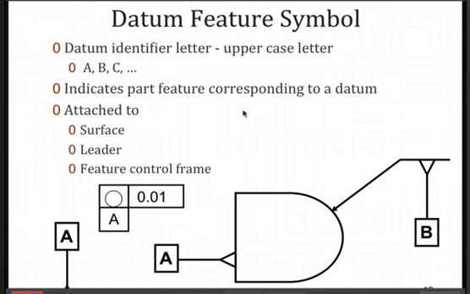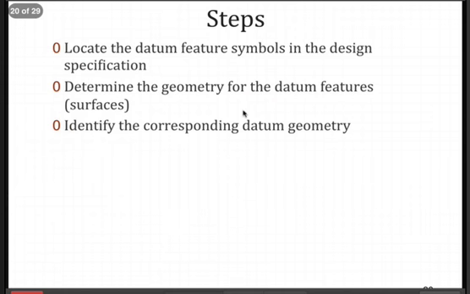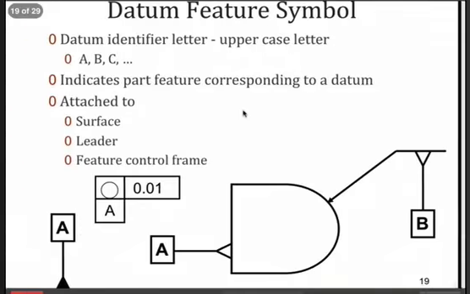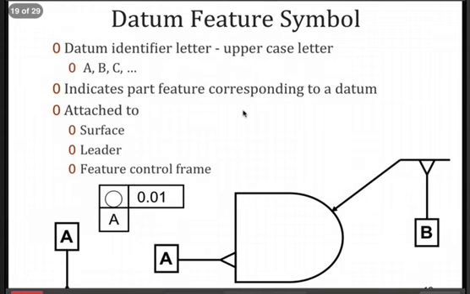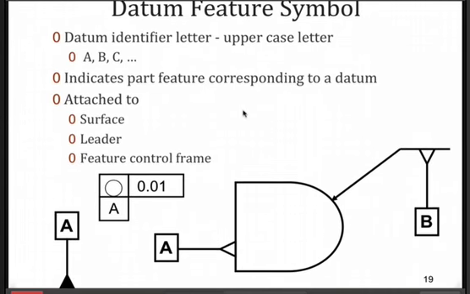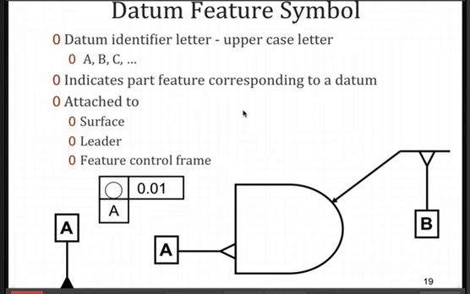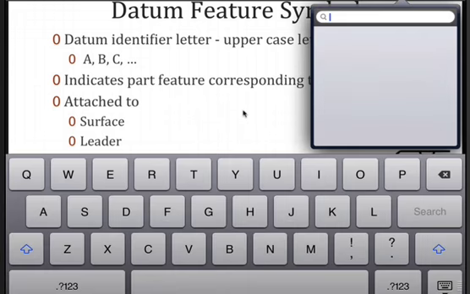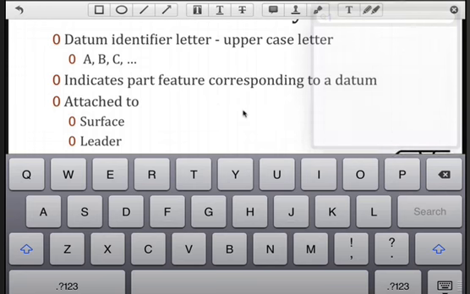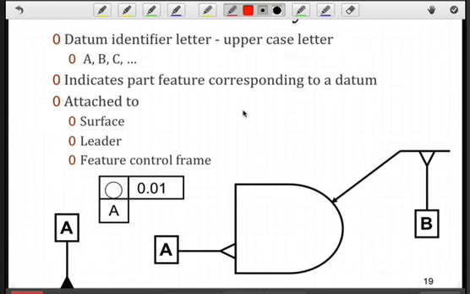What is the datum feature symbol? Well, what you're going to see is a datum attached in a variety of ways to the design spec. And here I've got three simple examples. What you're looking for primarily is a box. And as you can see here, that box is our datum symbol.